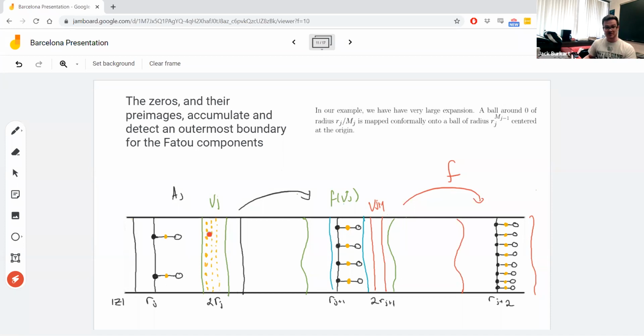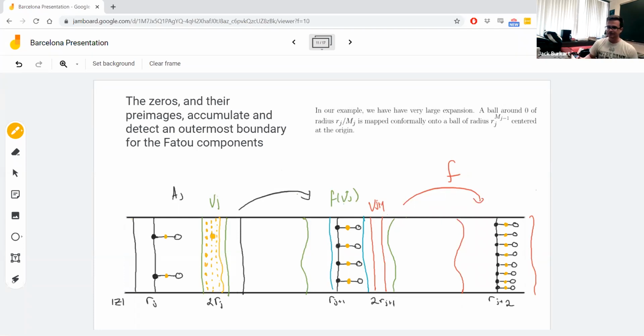This row maps to 0 after 3 iterates, and so on. Everything is going to be trapped inside of this Vj annulus because it expands. And so all of these zeros are going to accumulate. They're going to detect the outermost boundary of the multiply connected Fatou component that they're in, and they're going to accumulate on something that is close to a circle.